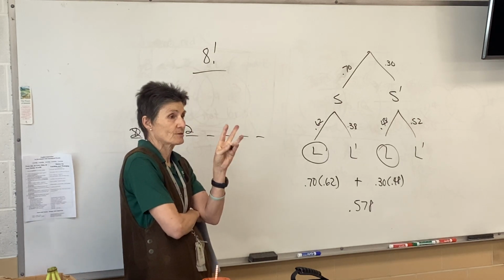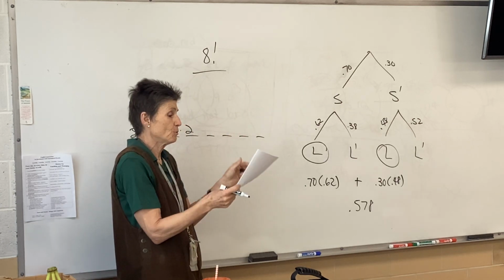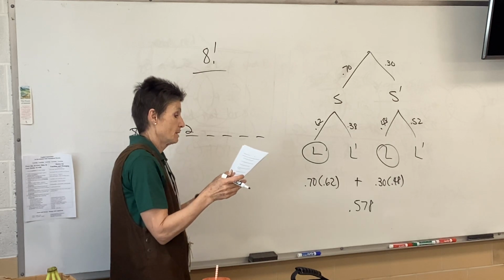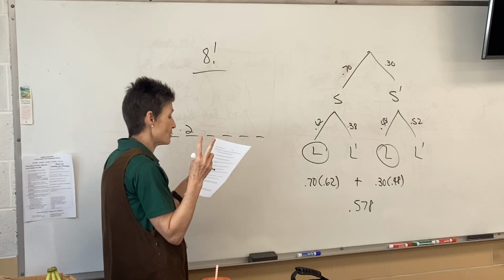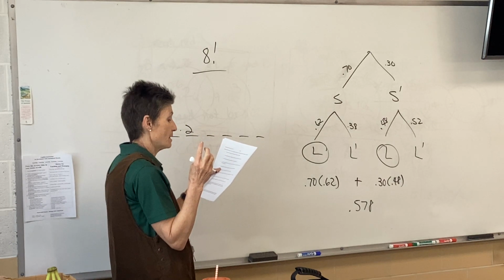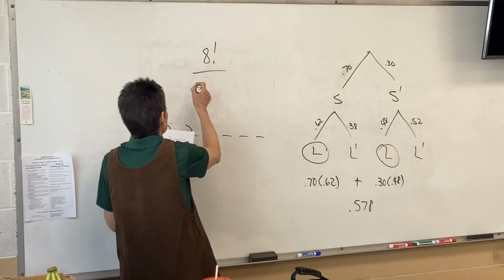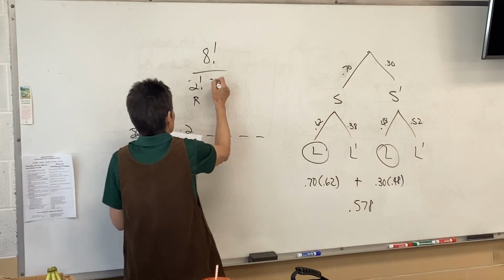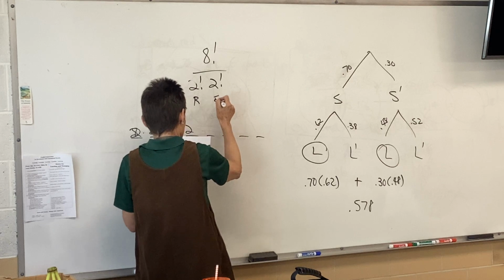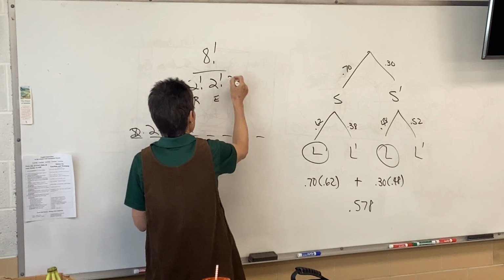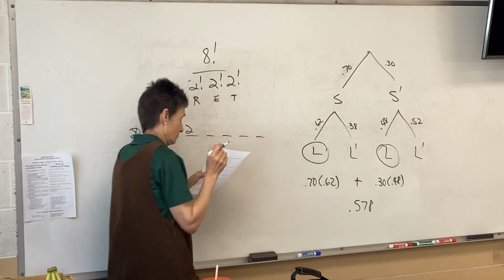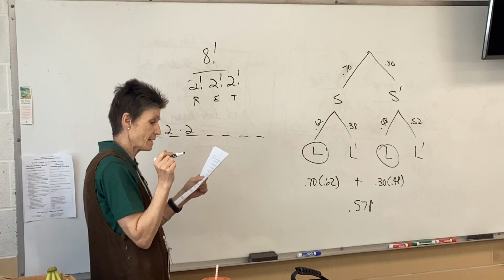There's 8 letters. Now, what are the duplicates? We have 2 R's, 2 E's, and 2 T's. Does that take care of everything?